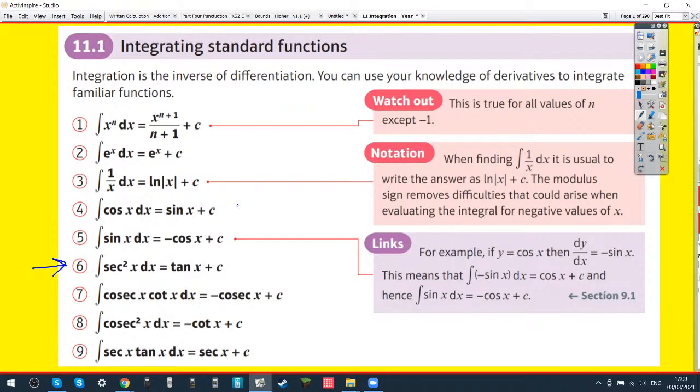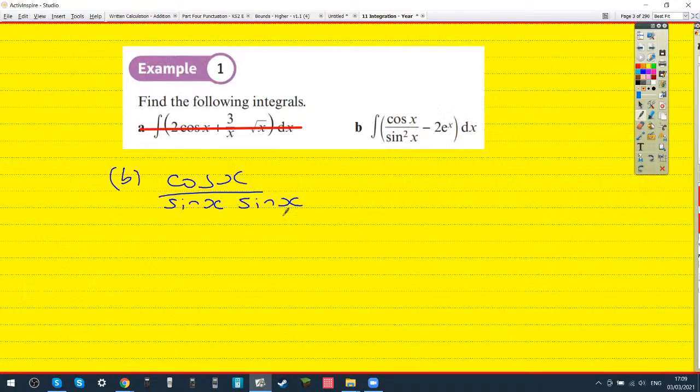What is tan to the -1 the same as? I hope you don't mean arctan. What's sine over cos? Tan. What's cos over sine?